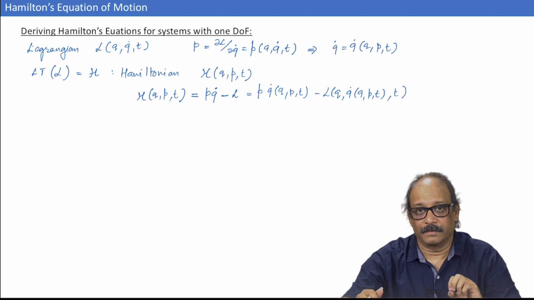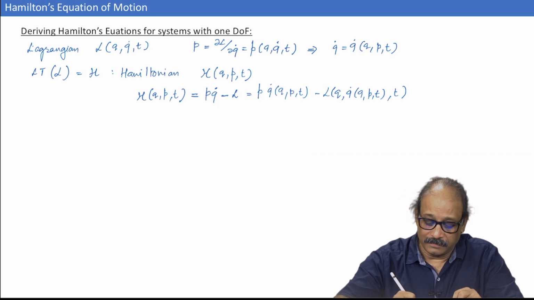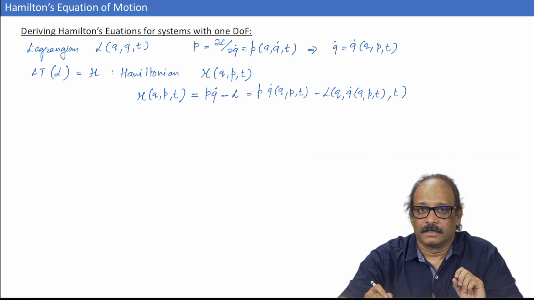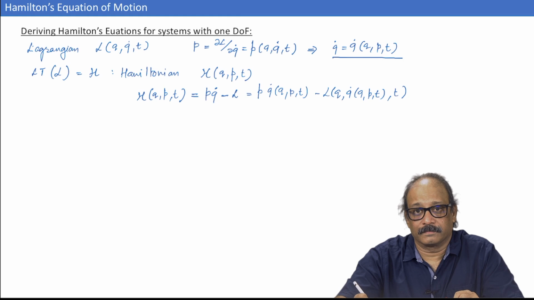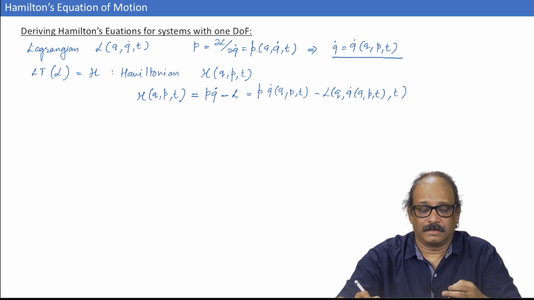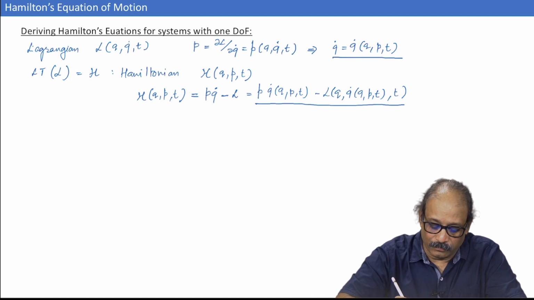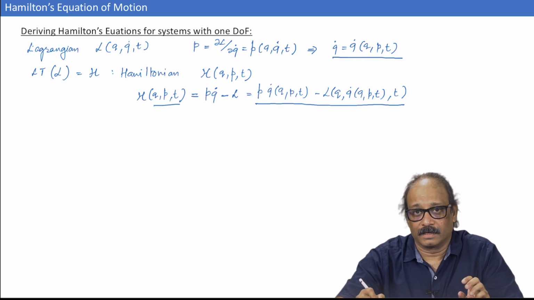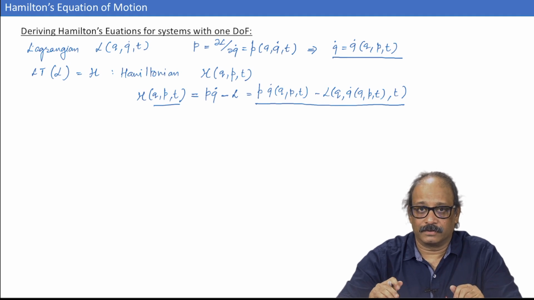So, this is the complete description of H. Remember, when we construct H, I will have L, which I know in terms of q, q dot and t. Look at the q dot, substitute q dot from here, so that it becomes a function of q, p, t, and then put it back into the entire equation to get an expression which is a function of q, p and t alone. Okay. Now, this is the way you have constructed the Hamiltonian.